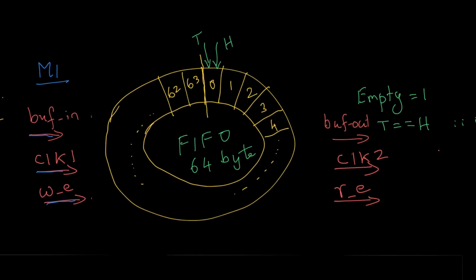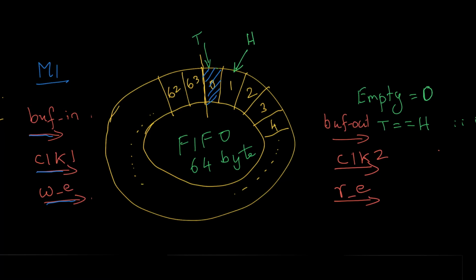When it gives the clock, the head pointer shows where the FIFO should load the incoming data. The data will load into address 0, and the head pointer will move to 1, pointing to the new location where data has to be written next. Empty is no longer 1, it is now 0, because the FIFO is not empty.